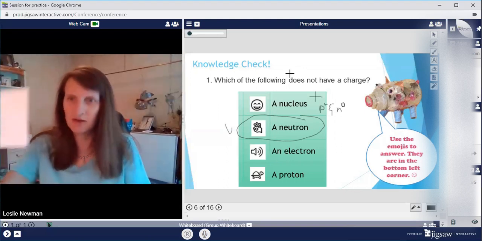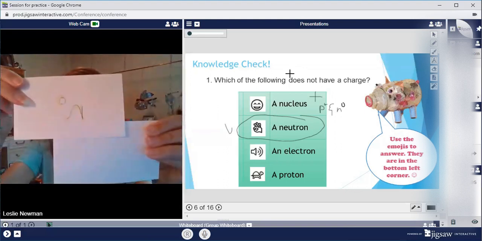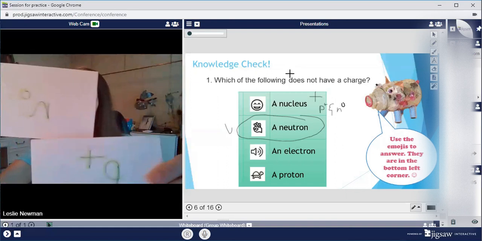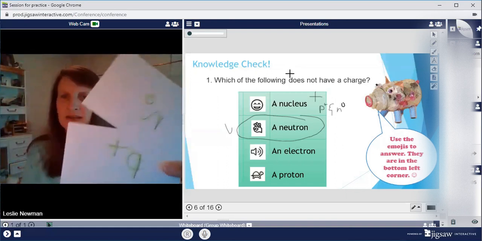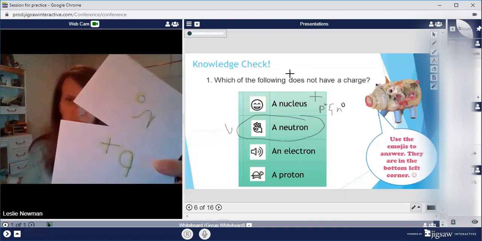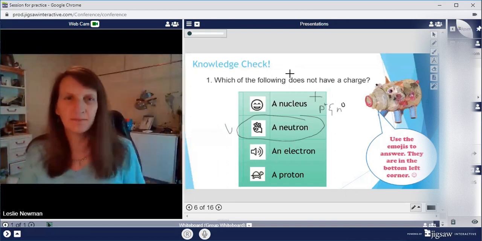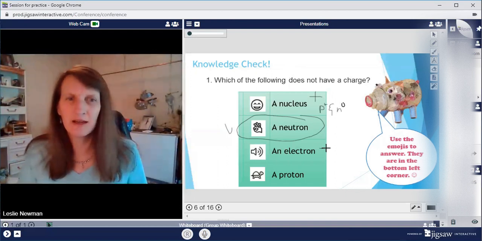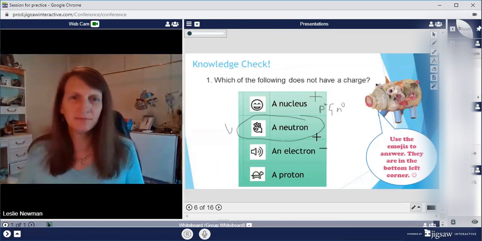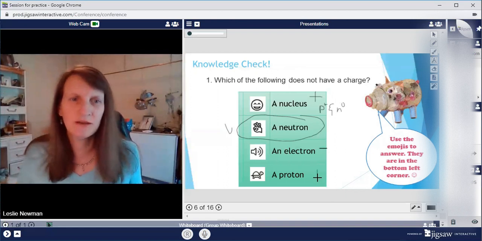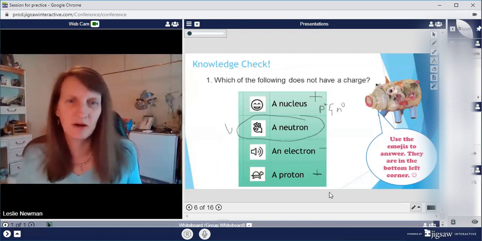So that's our nucleus. That is the mass inside the nucleus, the protons and the neutrons. The electron has a negative charge, E minus, and of course the proton, we just said, had a positive charge.